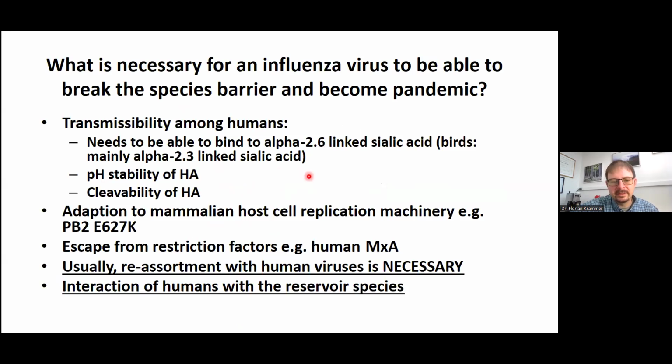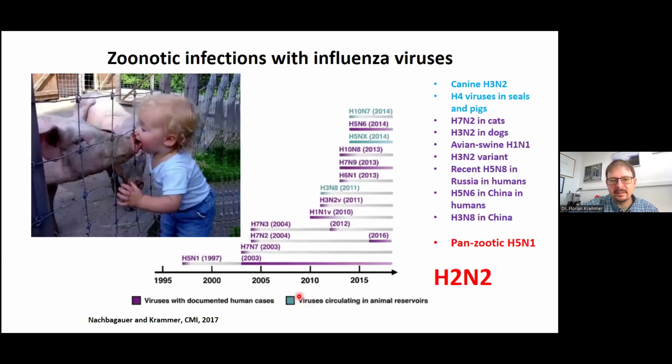Another important point is, of course, all these viruses might circulate in animals, but as long as we don't interact with these animals, they can't infect us. So interaction of humans with the reservoir species is also a risk factor for a new pandemic. And there are actually a lot of these interactions, of course.